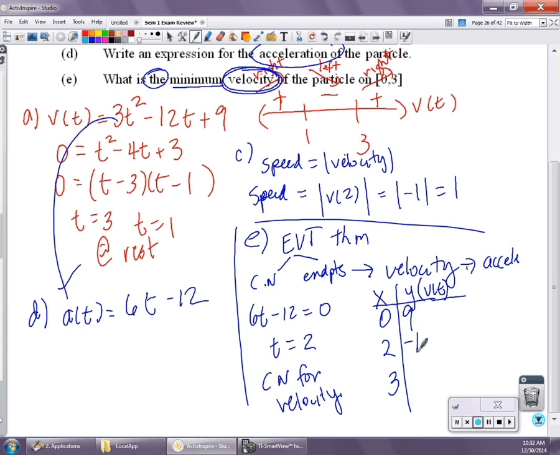Remember, we did that earlier for part C when we did the speed. And when I substitute 3, I get 0. So the minimum velocity of the particle occurs at 2, and the minimum velocity is negative 1. Pay attention to letter E very, very carefully, and come in and ask me questions if you have them.